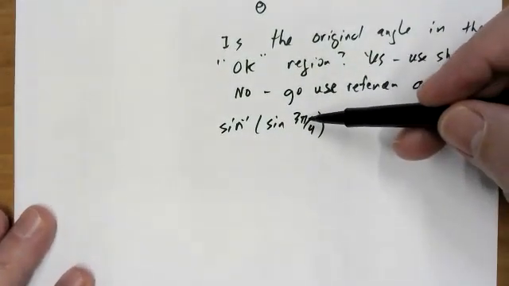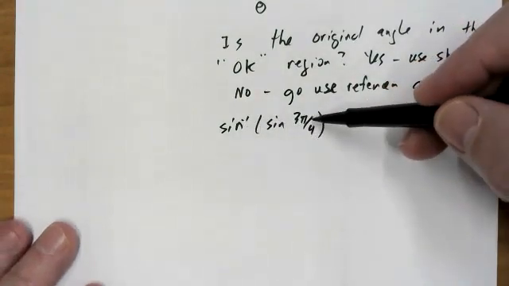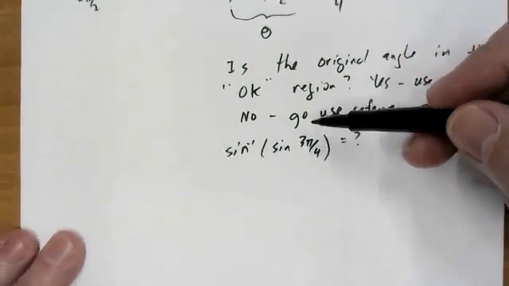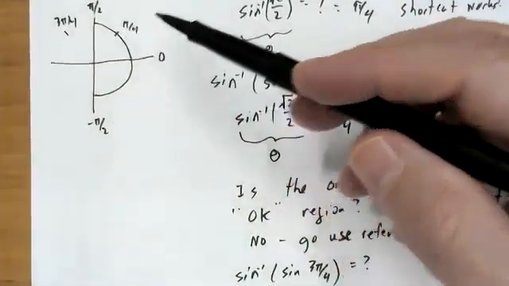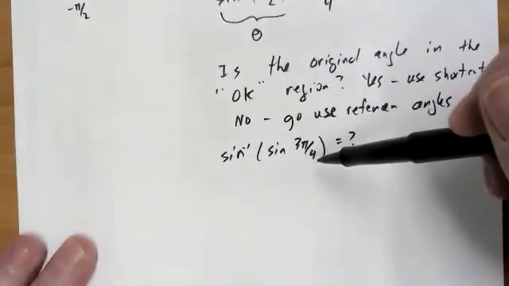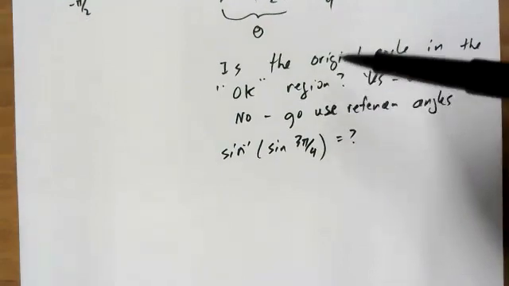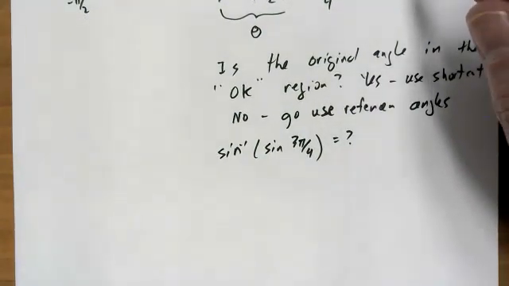I look at my original angle and I say, for the inverse sine, I want to see if my original angle is between negative pi over 2 and pi over 2. And I realize it's not, it's over here. So then I say, okay, I can't use a shortcut, but instead I have to figure out my answer by using reference angles. Now, quick review about reference angles, right? Reference angles are, you have an angle.